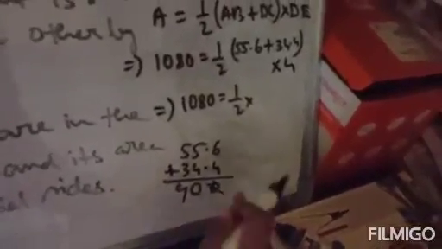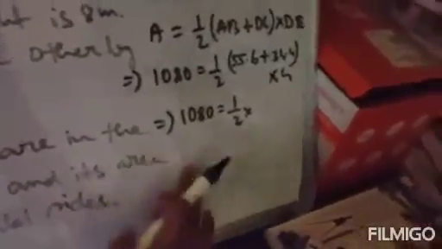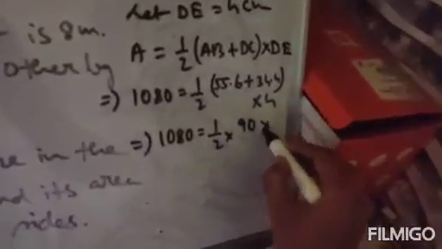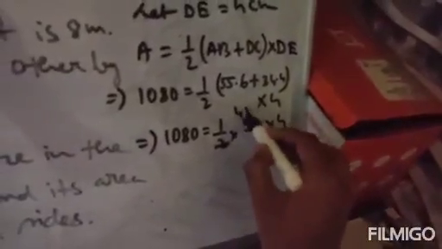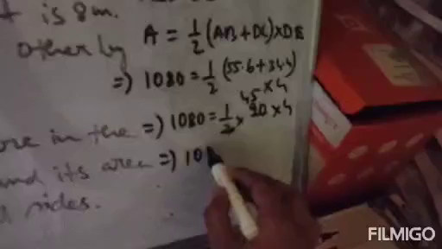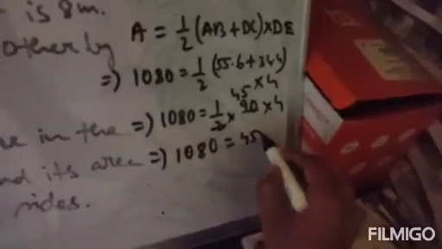So it will be 90 into h. If you reduce, this will be 45, so 1080 will be equal to 45 into h.